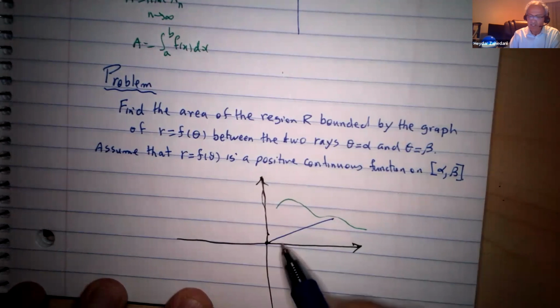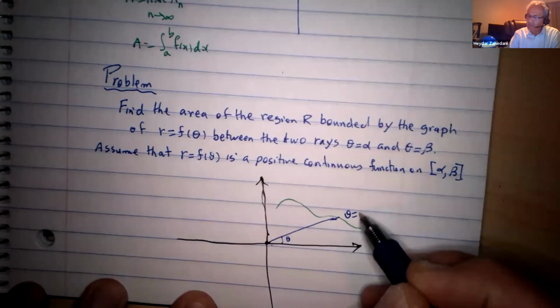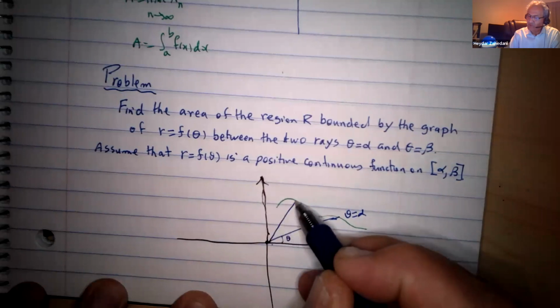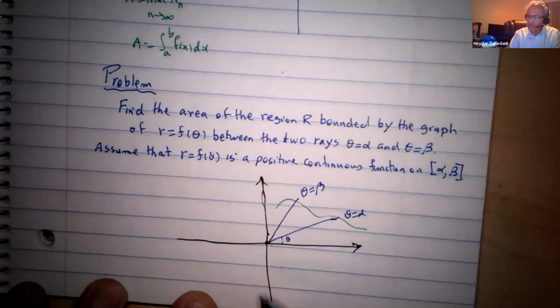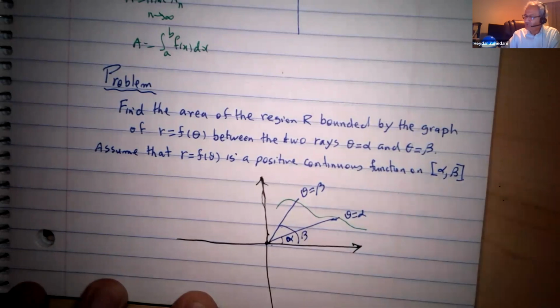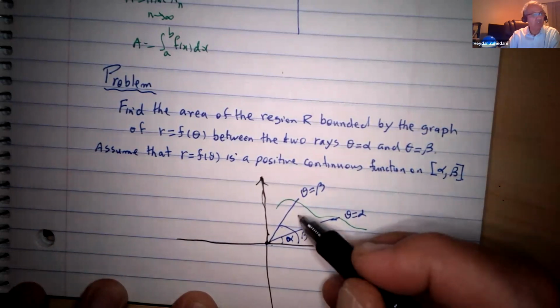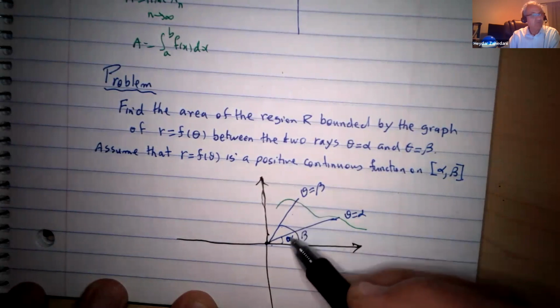This angle here is going to be your alpha, denoted by theta equals alpha. And then this portion over here is going to be theta equals beta. The region in question, in between, is the region that you would like to find the area of.